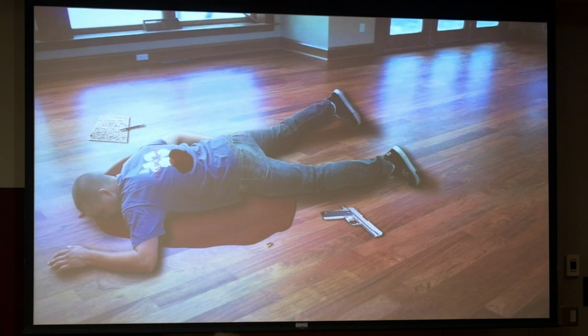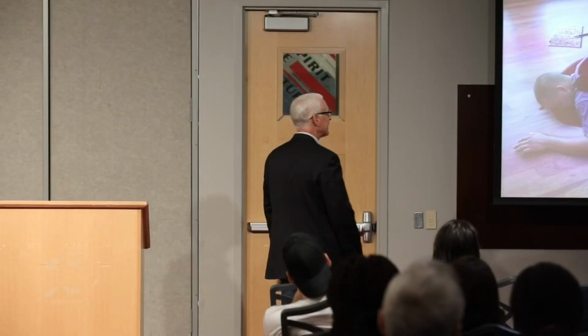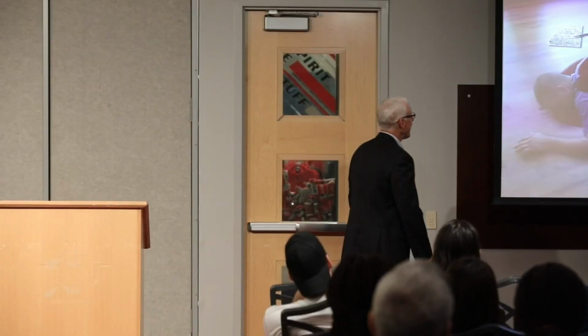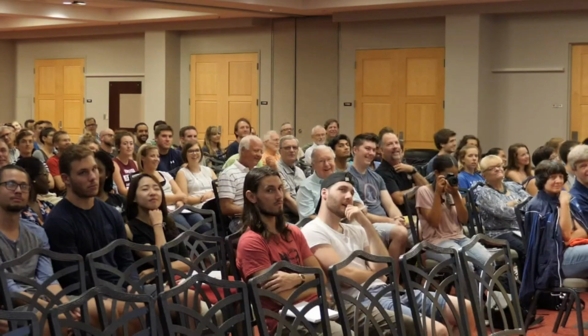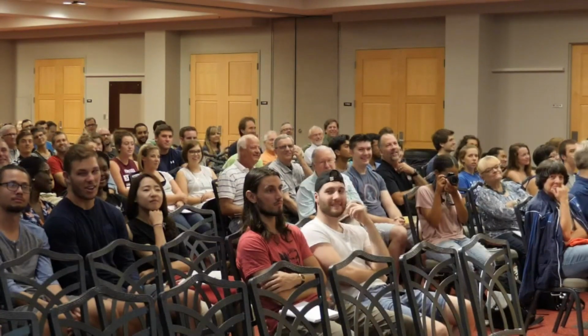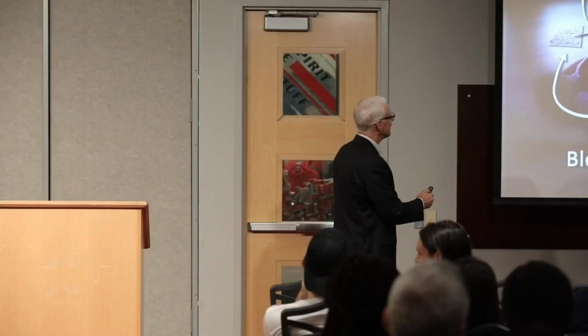That would change things, don't you think? What if there were bloody footprints leading out of the room? Now we're on the same page, right? Okay, so let's put that in, here's our scenario. These are now all entry wounds, there's your note now with foreign fingerprints on it. This is clearly a California murder, you can see right there. That is the beach out there, I'm sure.